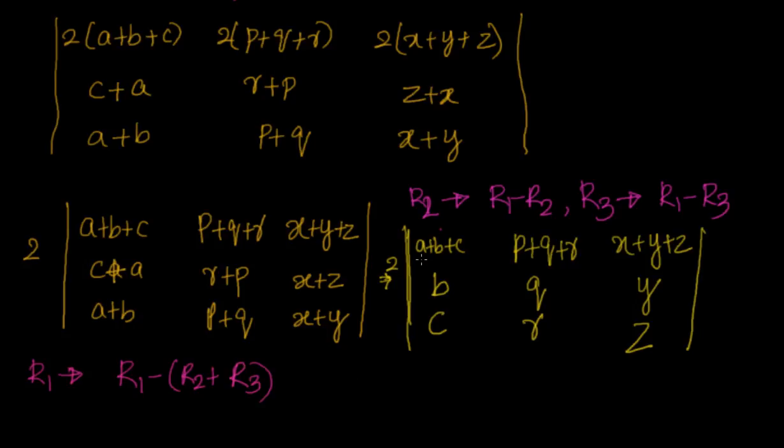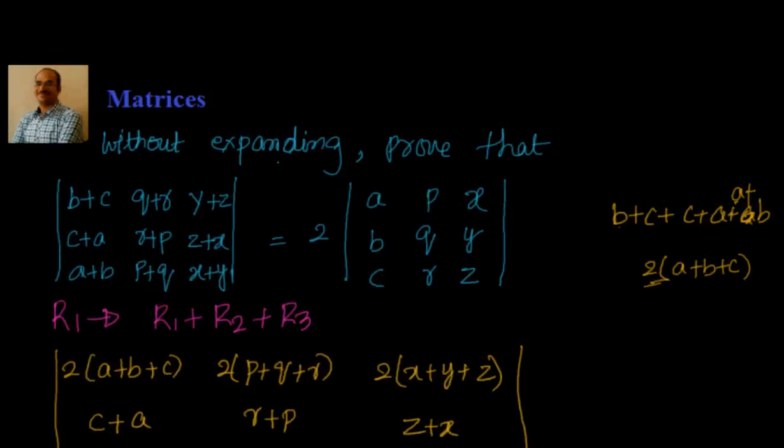If I do that, what happens? a plus b plus c minus of minus b minus c, b and c cancel out. You will have a. Similarly p and x, b, q, y, c, r, z. So that is what we want.